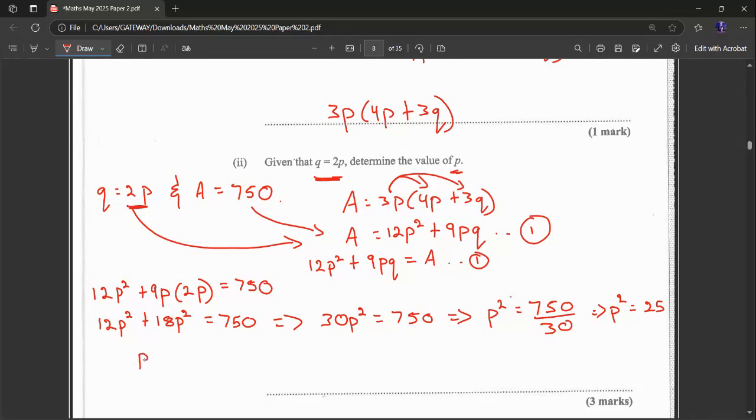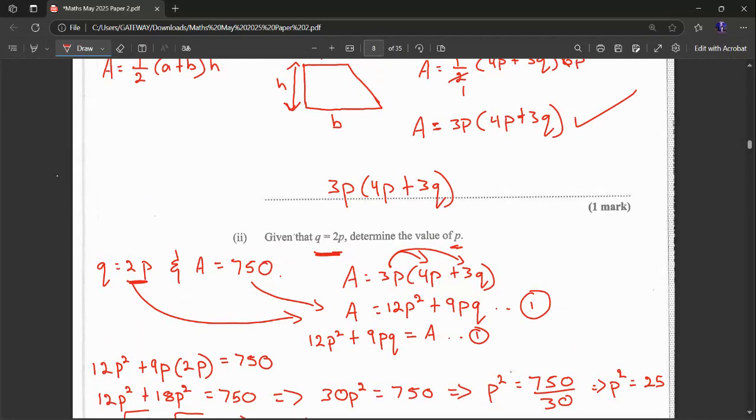Now if P squared is equal to 25, you need to find the square root of both sides to solve for P, because you just want to solve P. So the square root of P squared is equal to the square root of 25. And this will give you P is equal to plus or minus 5. But remember, from the diagram, P is length.